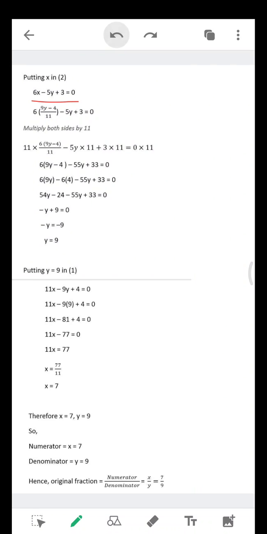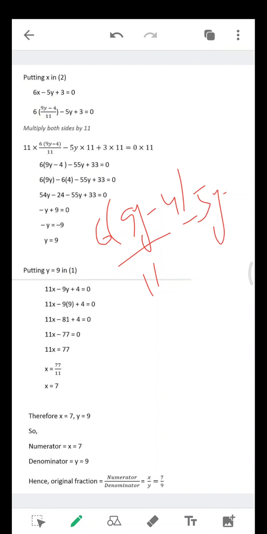We can solve it in this way also. We can multiply both sides by 11 to cancel this 11, or you can do the LCM. So 6 into 9y minus 4 by 11 minus 5y plus 3 by 1.